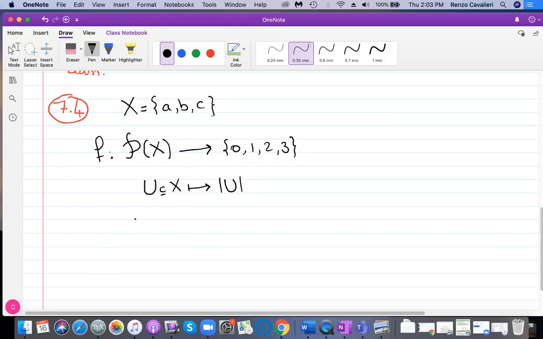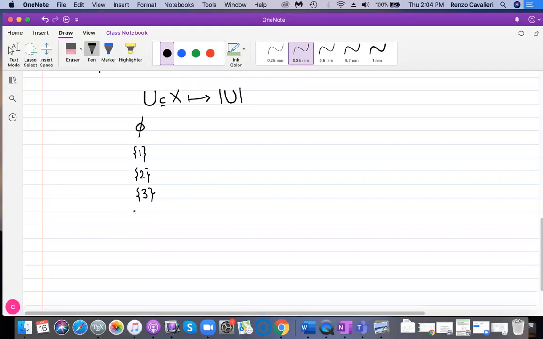So let's see, what is the power set? Let's list the elements of the power set of X. There is the empty set, there's the singleton 1, the singleton 2, the singleton 3. There is the 2-element subset {1, 2}, the 2-element subset {1, 3}, and the 2-element subset {2, 3}. And then finally, there is all of X, {1, 2, 3}.